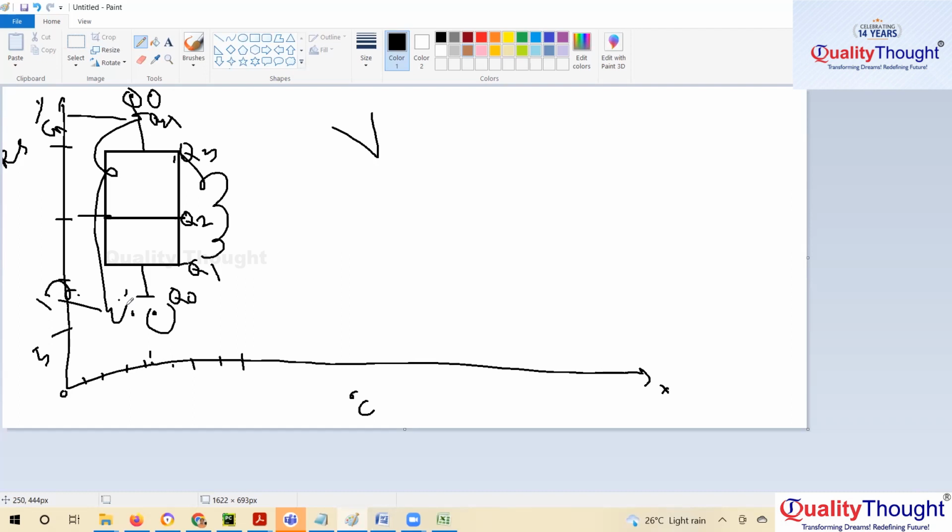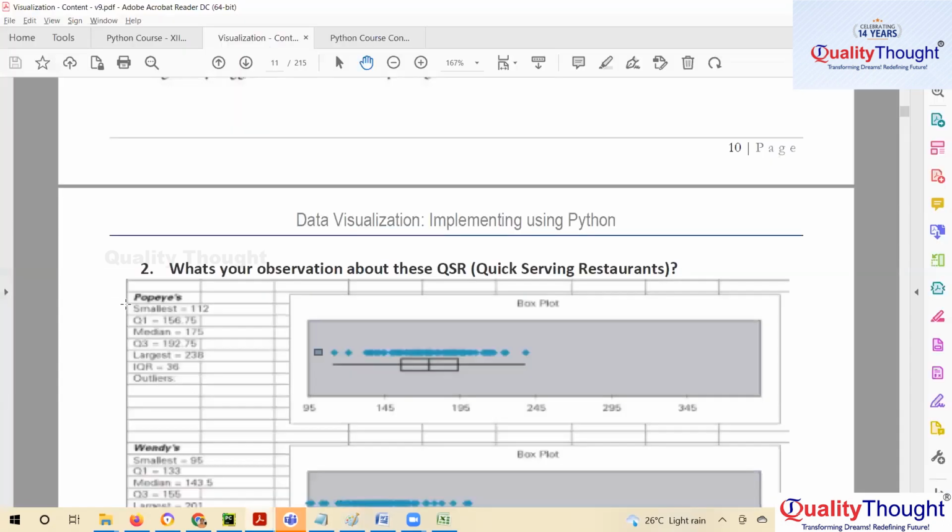Because of one minus value here and one value there, the range becomes too big. So we have to remove outliers. That's why IQR is the preferred way of analysis. We'll see again later how to use applications of range and IQR, but right now we're focusing on the box plots.